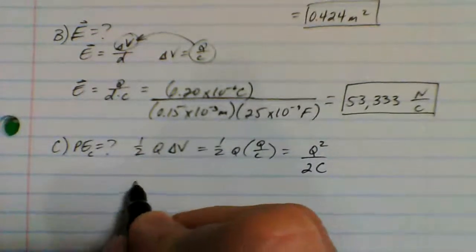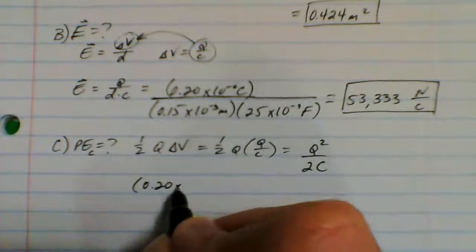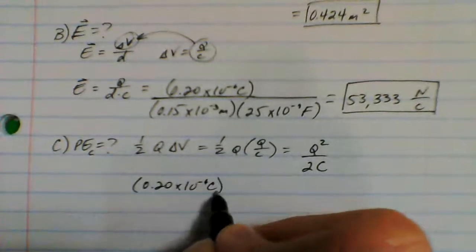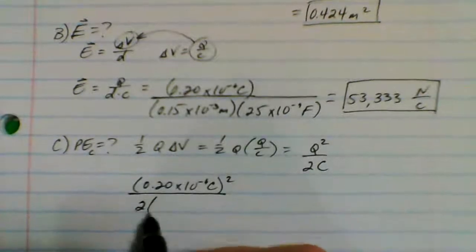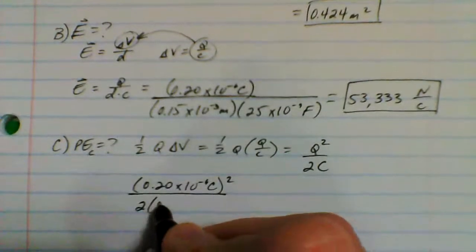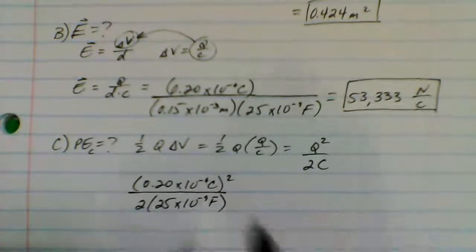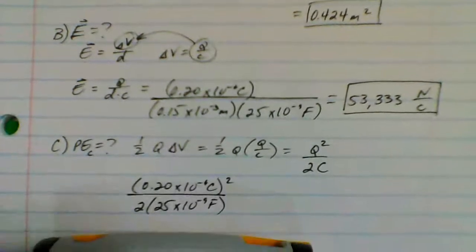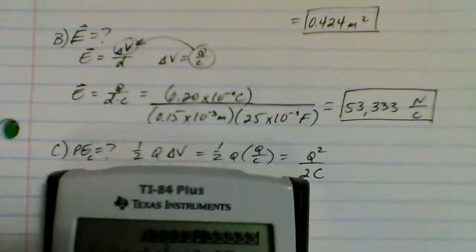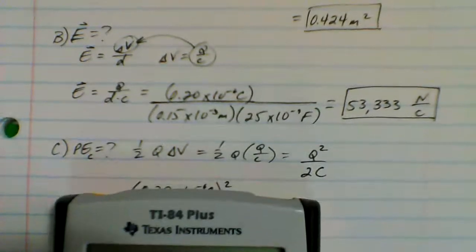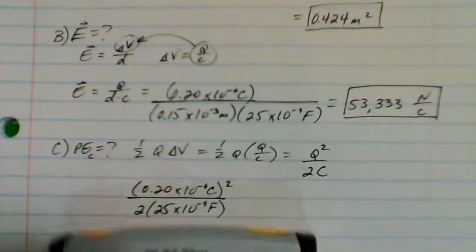So we're going to go ahead and plug everything in there. Q is 0.20 times 10 to the negative 6th coulombs. Be sure and square that. And we are dividing that by 2 times the capacitance. The capacitance is 25 times 10 to the negative 9th farads. If we put that in the calculator, we get, here's 0.2 times 10 to the negative 6th squared.